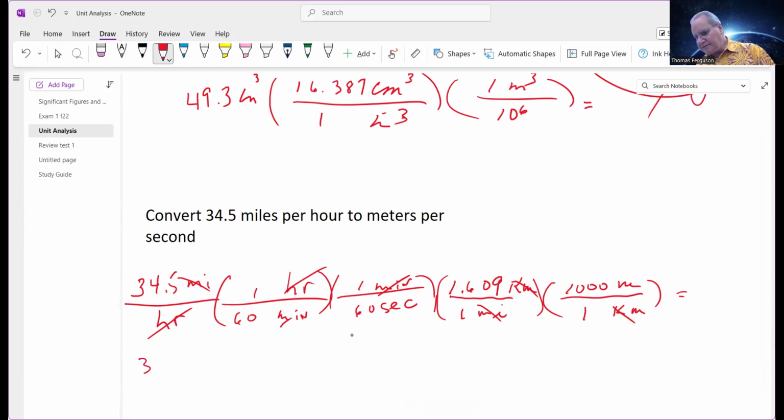Okay, so we have 3 sig figs, infinite, infinite, 4 sig figs, infinite, so our answer is going to be 3 sig figs.